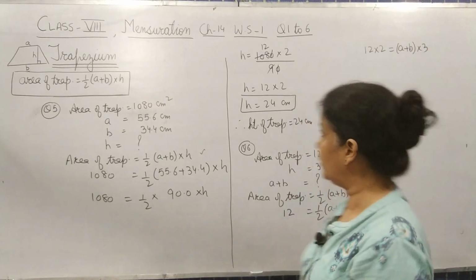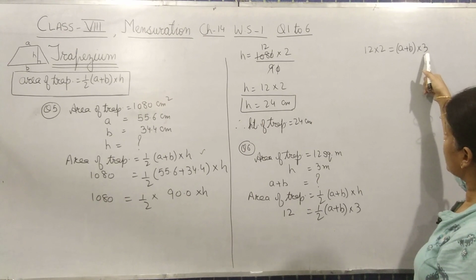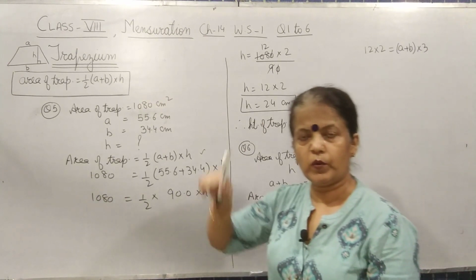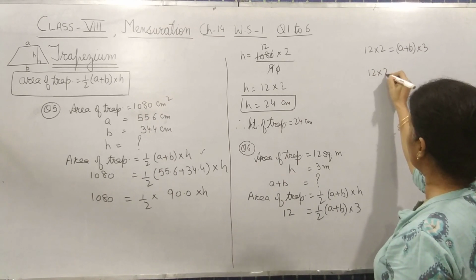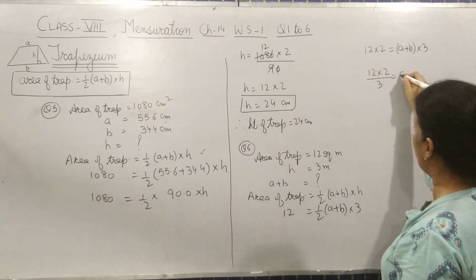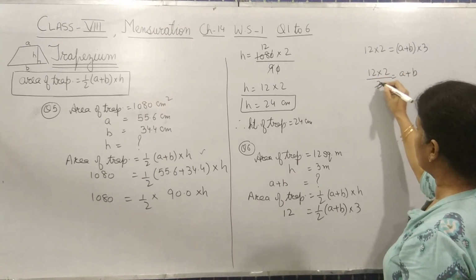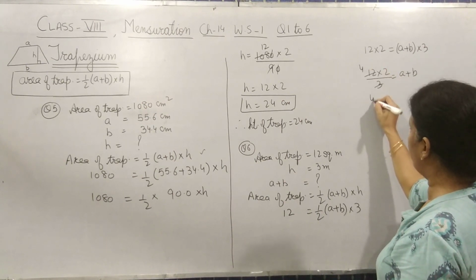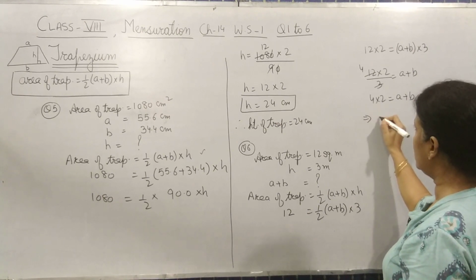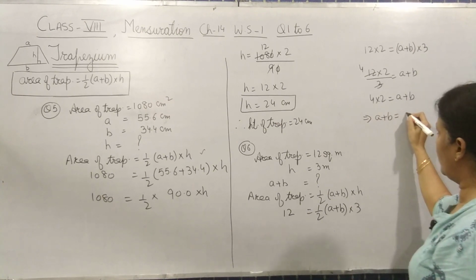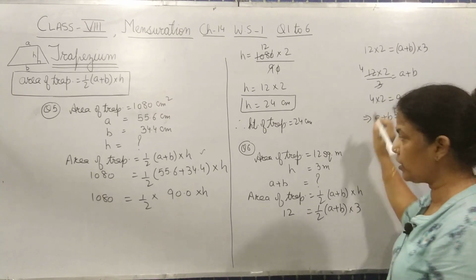Now what will you do with this 3? We will take it in the denominator. So 12 into 2 upon 3 equals A plus B. Now solve it. So 4 into 2 equals A plus B. So it means A plus B equals 8. 4 into 2 is 8.